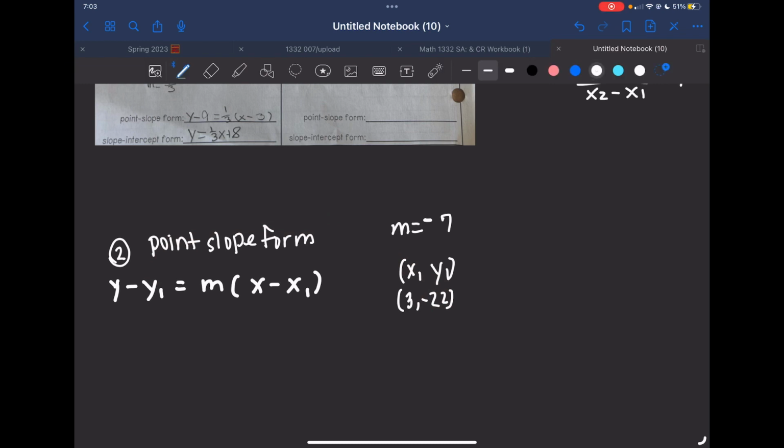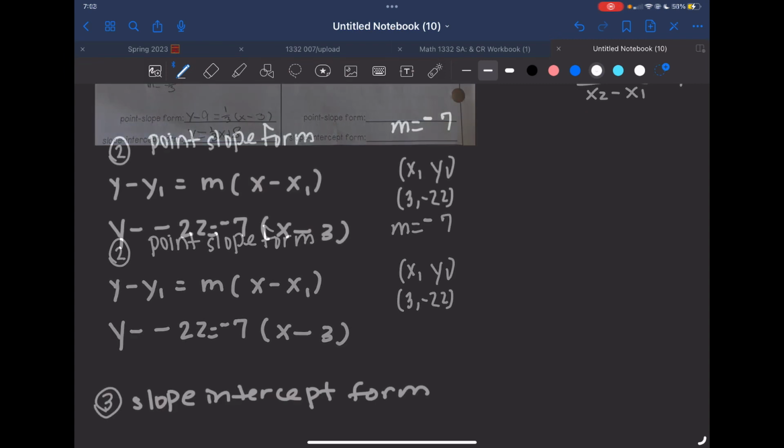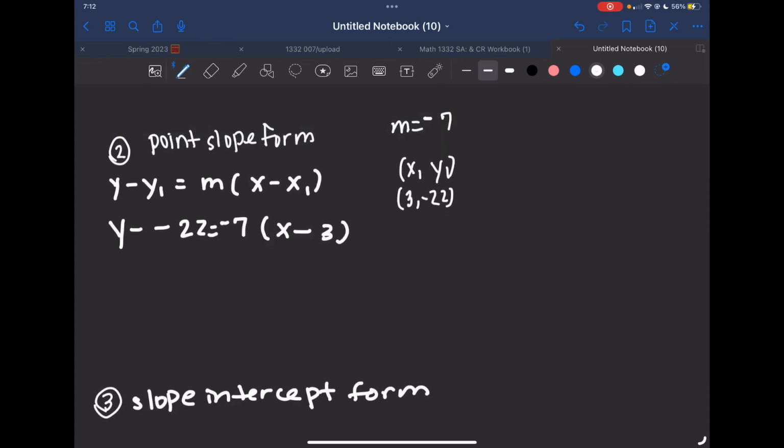So then we're going to say y minus negative 22 equals m, which is negative 7, sorry, times x minus x1, which is 3. Pretty much I've gotten to point slope formula.